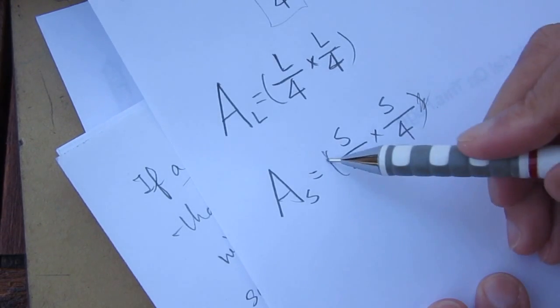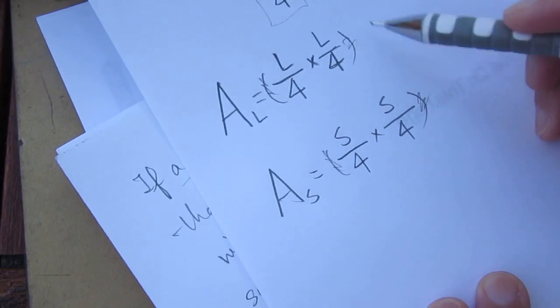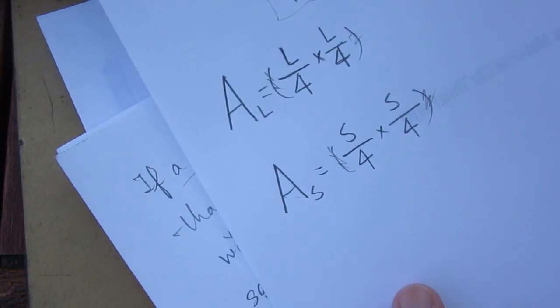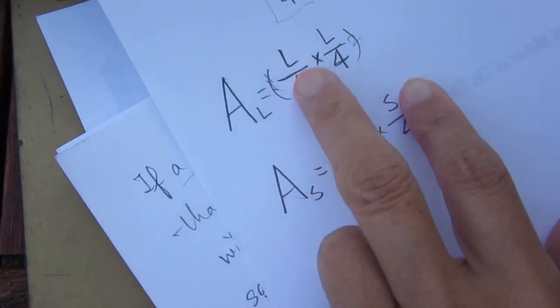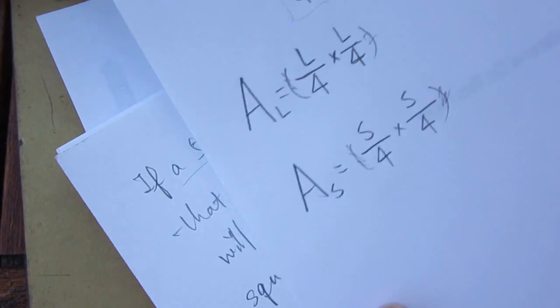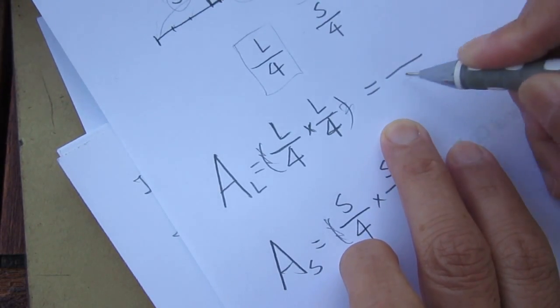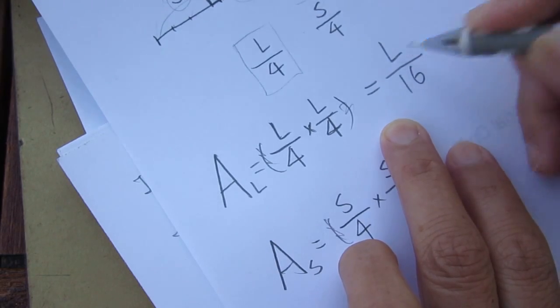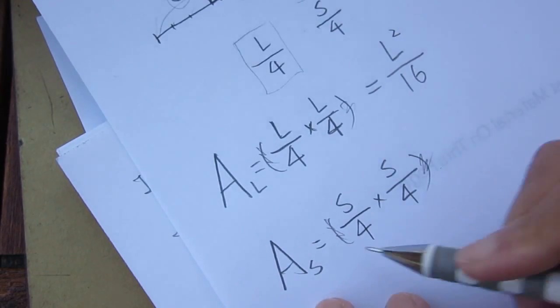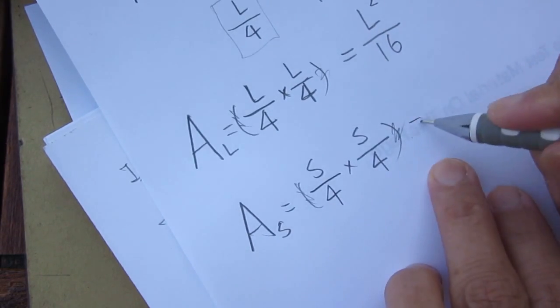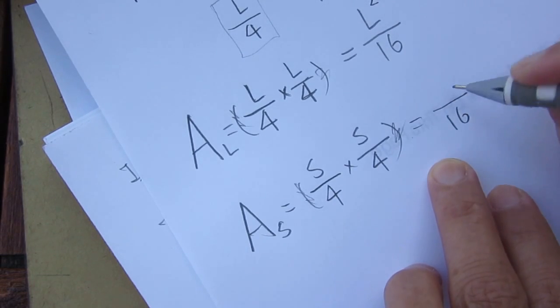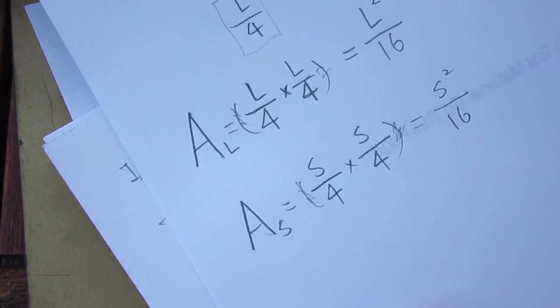I do not need to use parentheses because there is no other operation. So this one is 1/16 L square, and the small one is 1/16 S square.